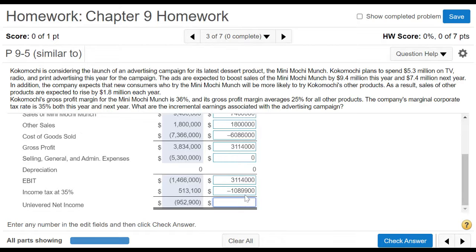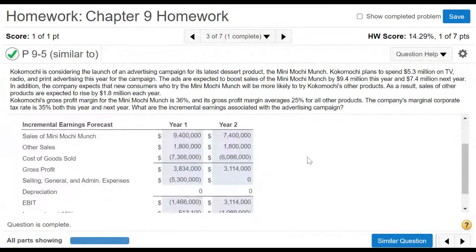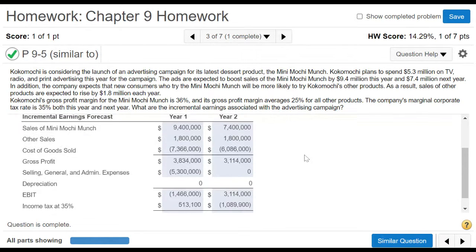So it's 1,089,900, and the result is 2,024,100. 2 million 24,100. Makes sense, guys? And I mean that both ways for women and men. Makes sense, right?